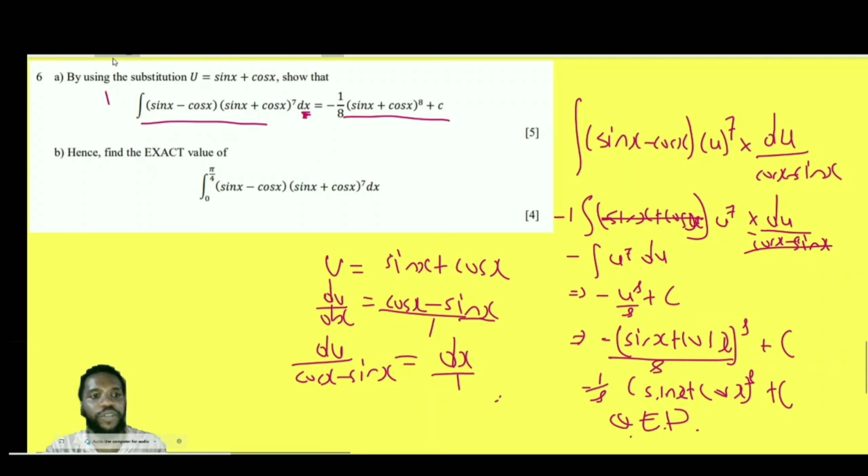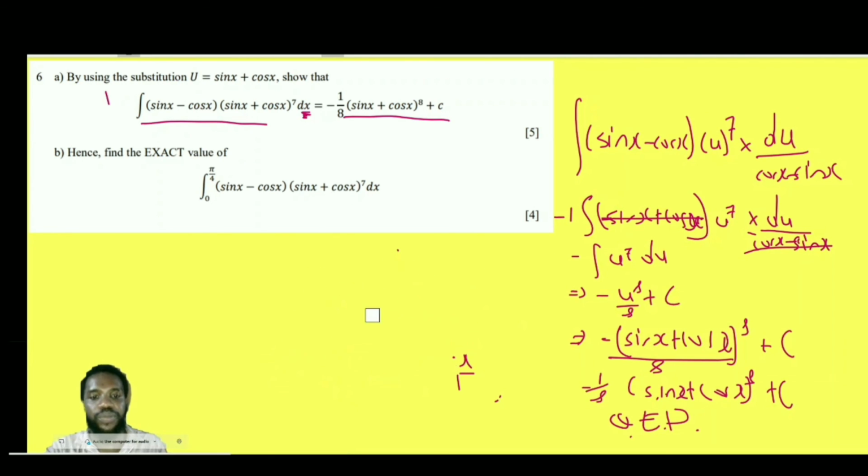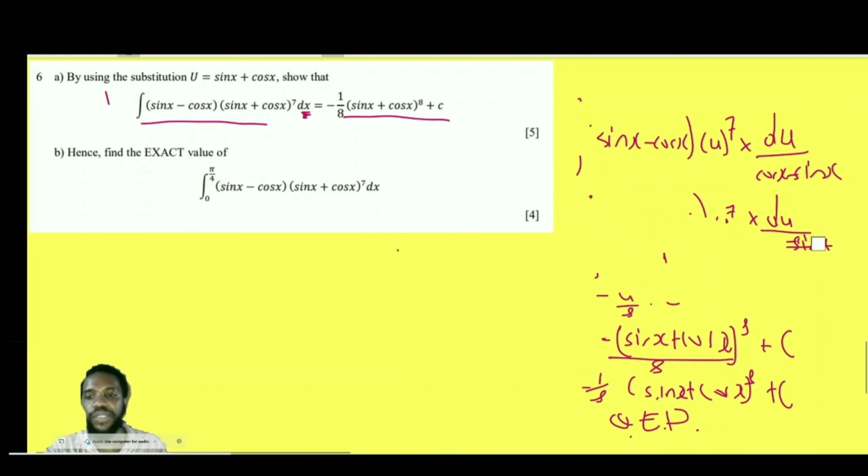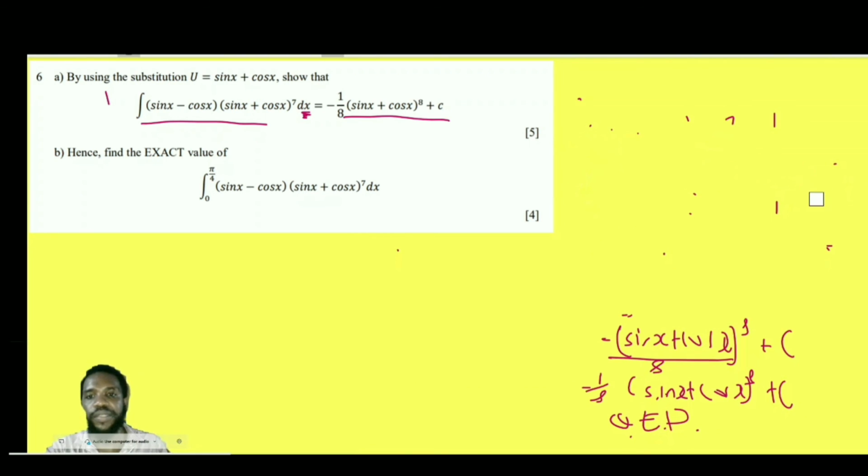Alright. Now the final part, which is part B, find the exact value. So they put in boundaries now. But the beauty about this is that you integrated it already, so all I need to do is simply plug in the boundaries. Let me just rub this part and go all the way down to where I need it.